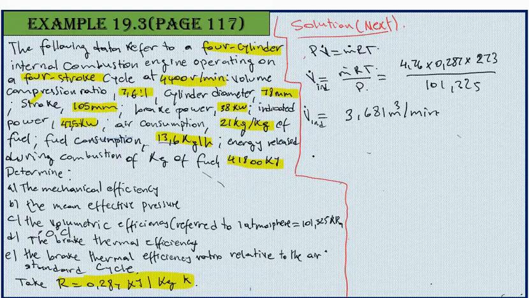So we first need to determine the volume of the cylinder, because the swept volume is basically the volume of the cylinder. The volume of the cylinder is given by the area multiplied by the stroke.